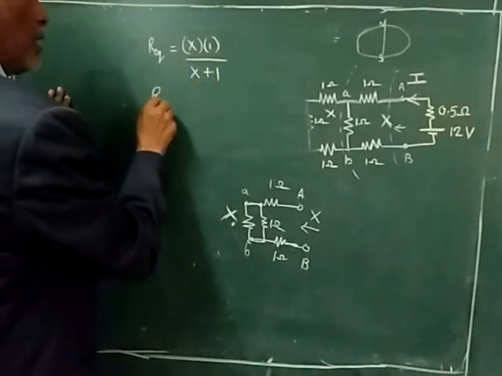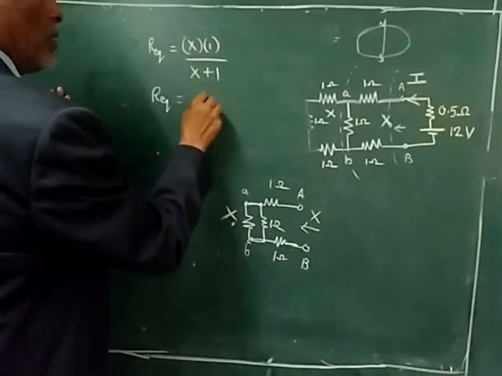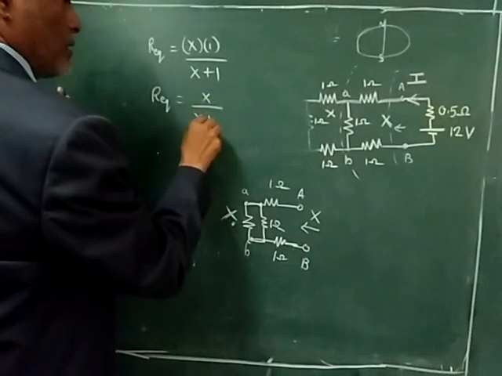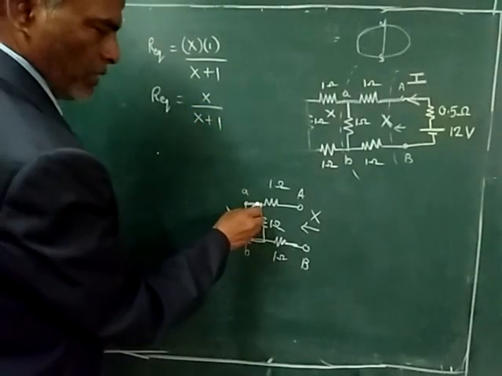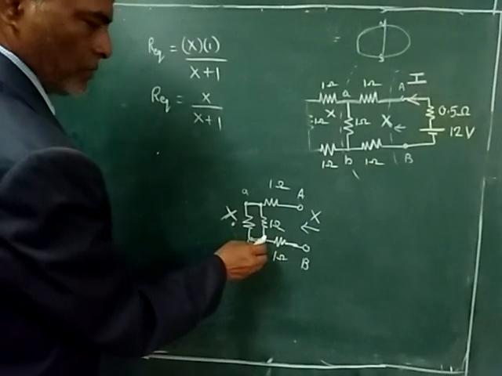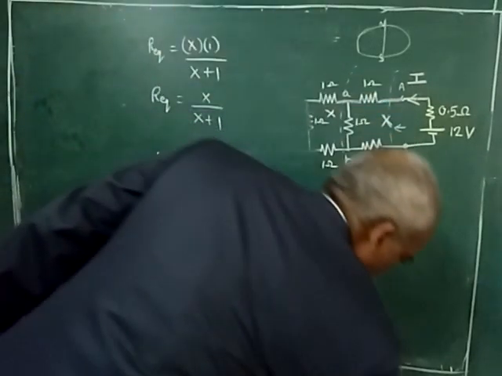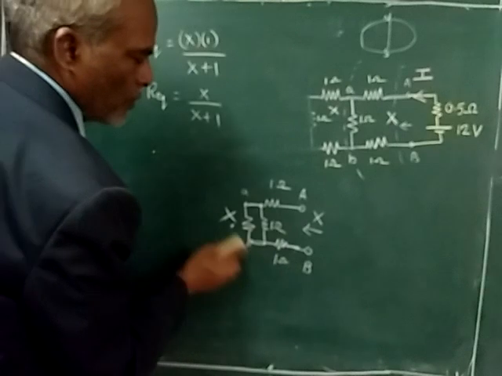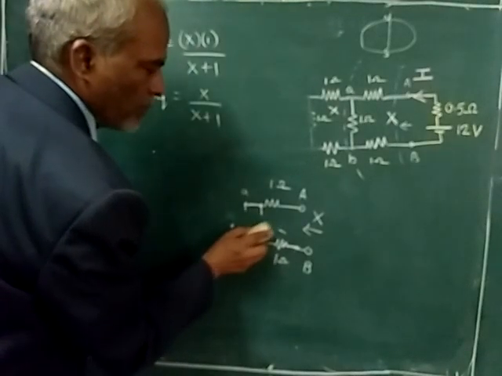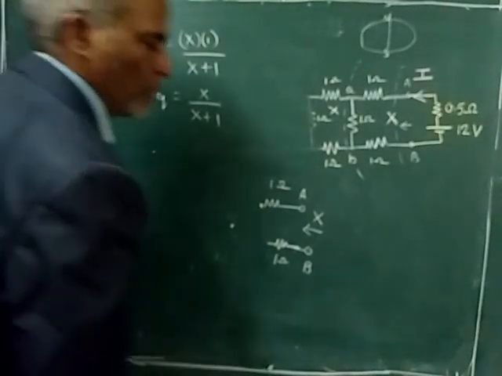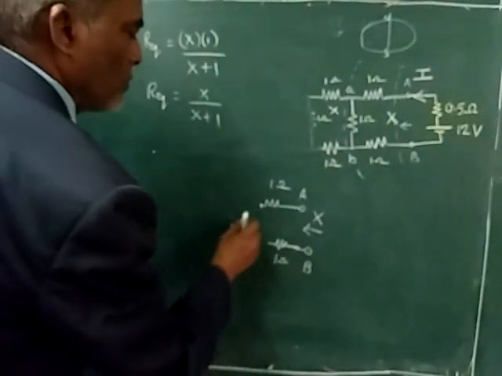That is, R equivalent is equal to X divided by X plus 1, when viewed between this point and this point. Now these two resistances are replaced by their equivalent value. What is the equivalent value now?